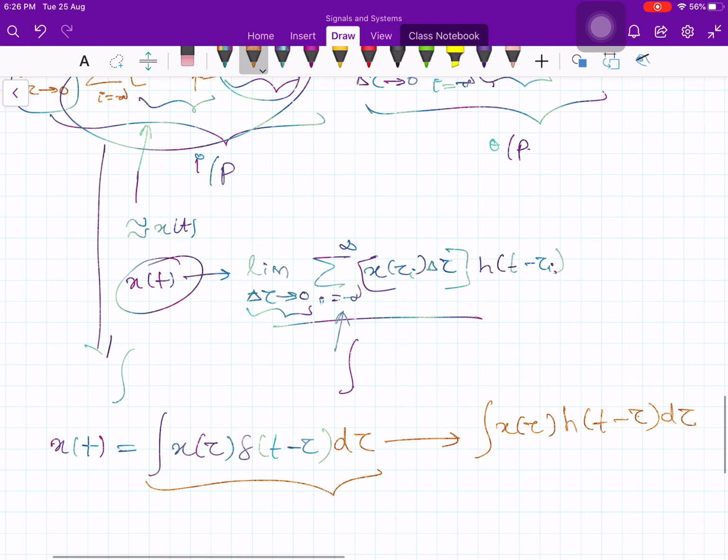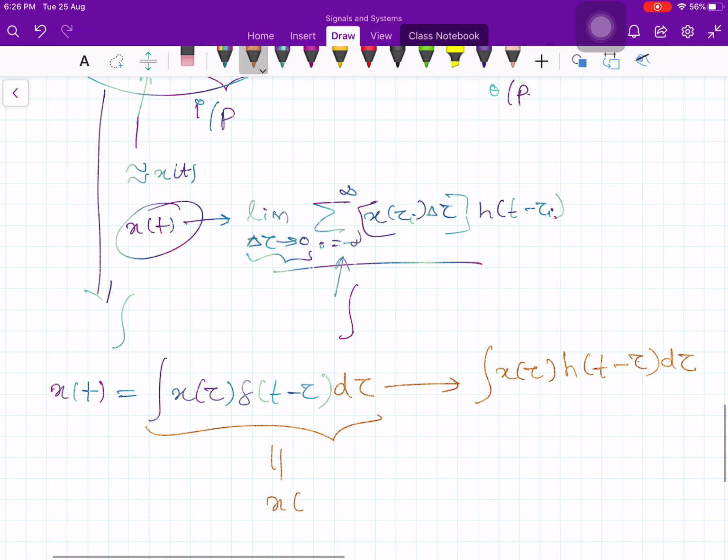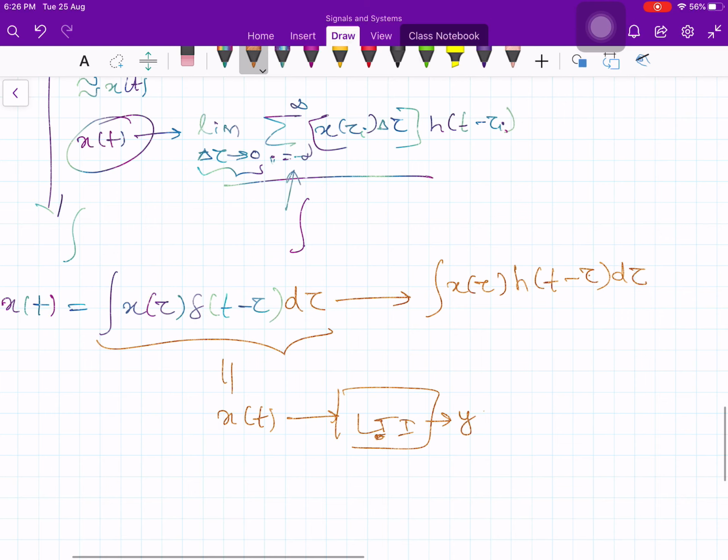Therefore if we give x of t to an LTI system, then the output is y of t, and this y of t is nothing but the integral from minus infinity to plus infinity of x of tau h of t minus tau times d tau.